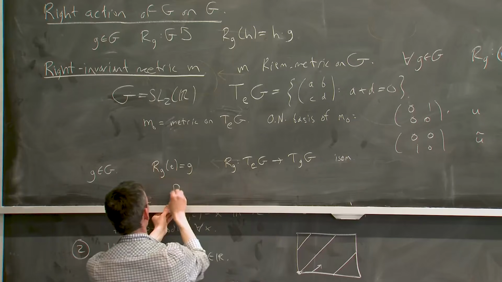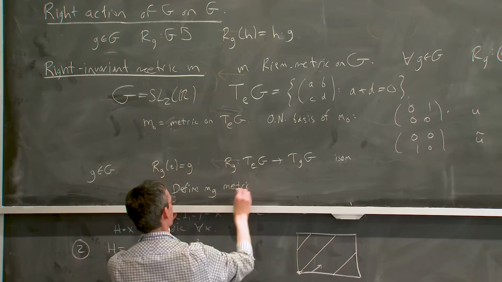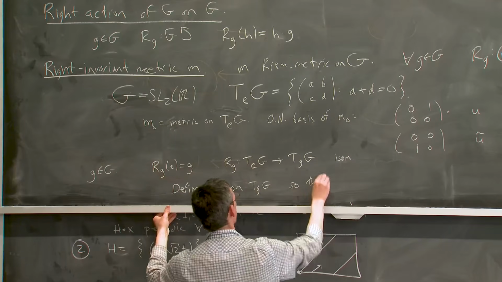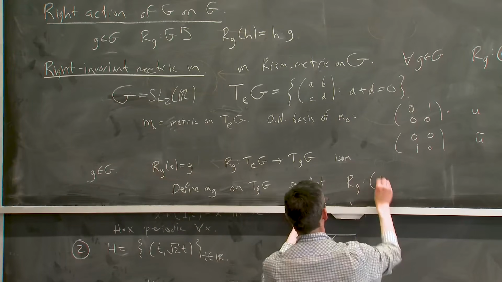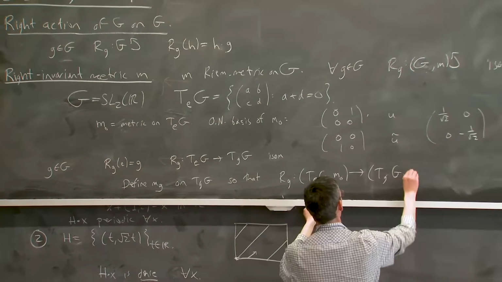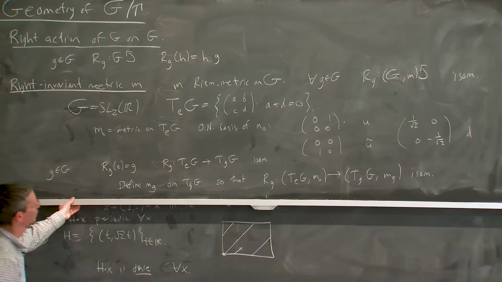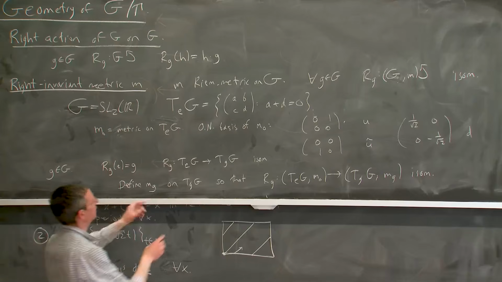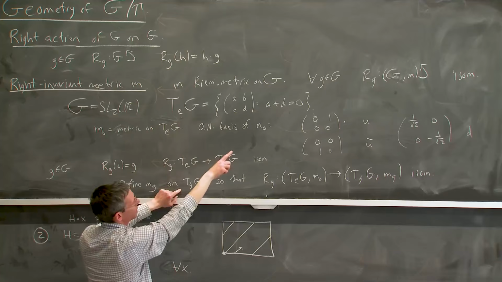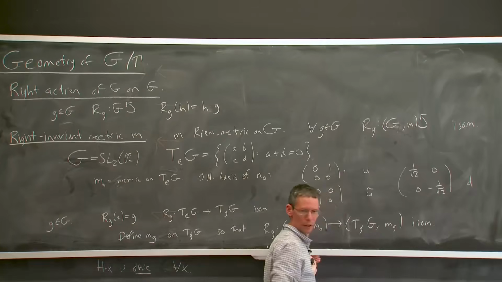So now we define M_g, which is a metric or inner product on T_g G, so that R_g goes from (T_E G, M naught) to (T_g G, M_g), so that that's an isometry. And then it's an exercise to check that this thing we just defined is right invariant, so that all of these maps are isometries everywhere.